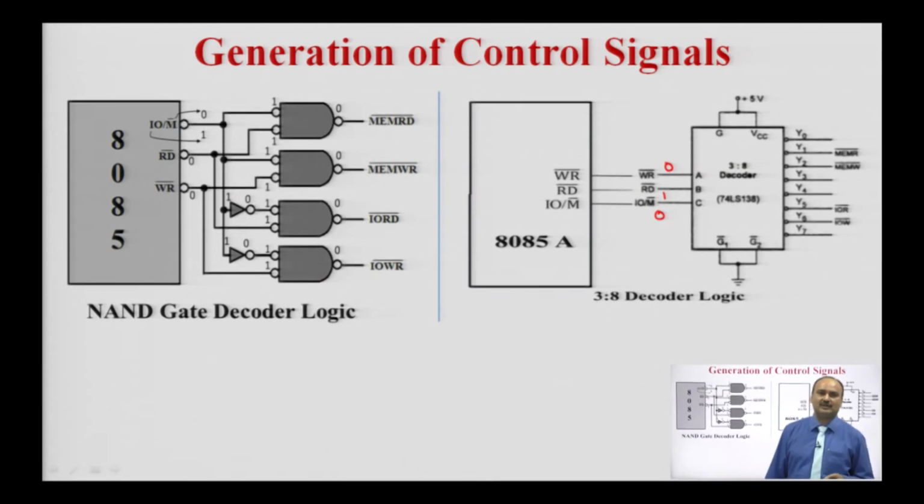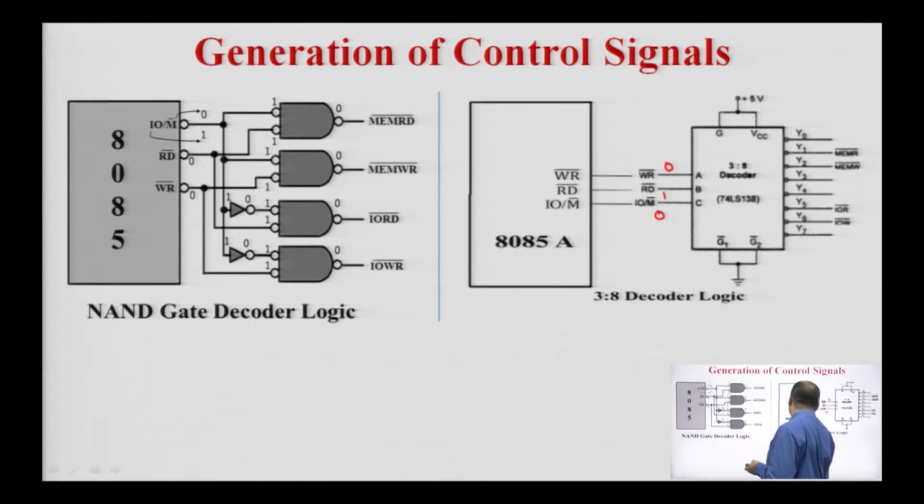Similarly, for input output related operation, the status on input output or memory is 1, read signal is 0 and write signal is 1. So, the combination is 1, 0, 1. So, the output Y5 is activated. It will give the active low output, which is used for the generation of the input output read control signal for the input output device.